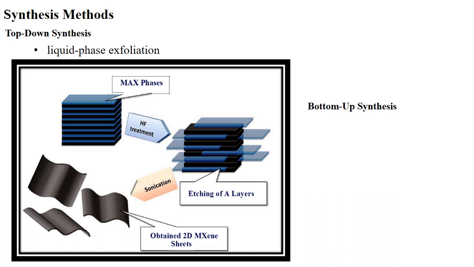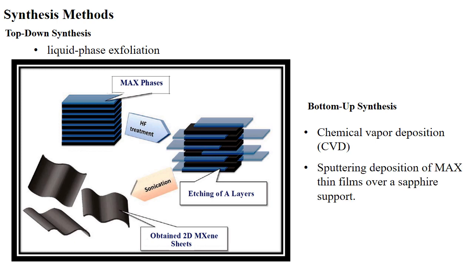Okay, so similar to other 2D material synthesis, MXene also can be synthesized by chemical vapor deposition, sputtering, and thermal deposition approaches. Okay, so that is all about the synthesis methods for MXene.